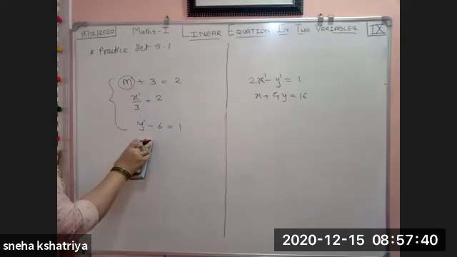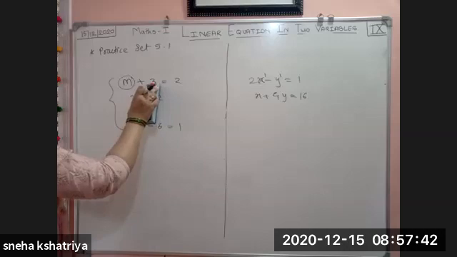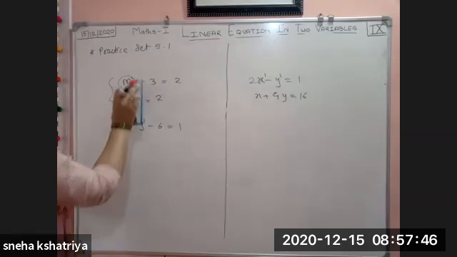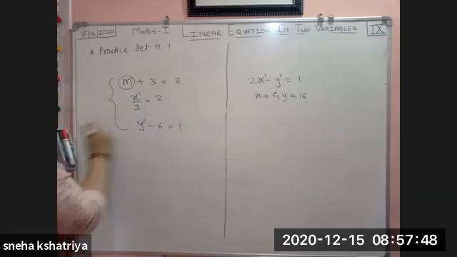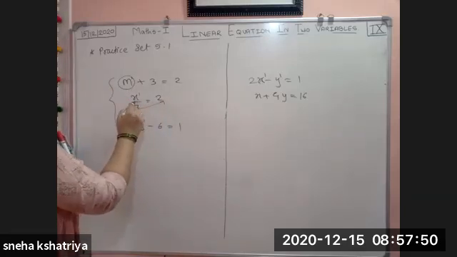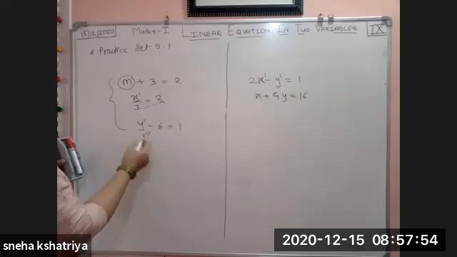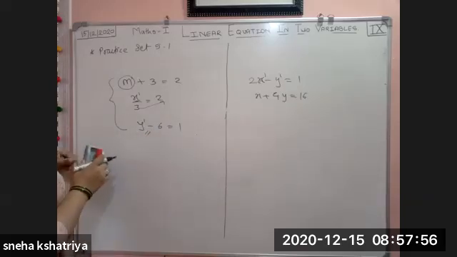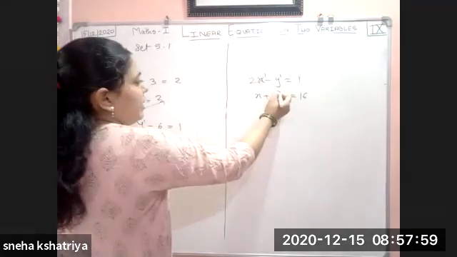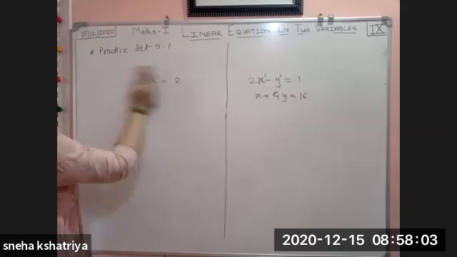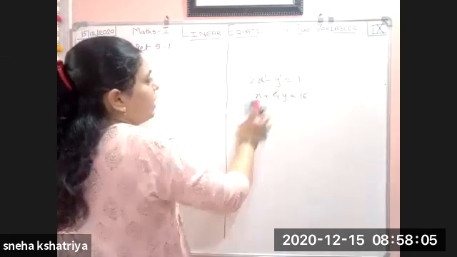In linear equations in one variable, it was easy to find their values. We directly shift the 3 to the other side and get the value of x. Here also, if we multiply the 3 to the right-hand side, we get the value of x, and if we shift the 6 to the right side, we get the value of y. But if we have two different equations, how are we going to solve them?